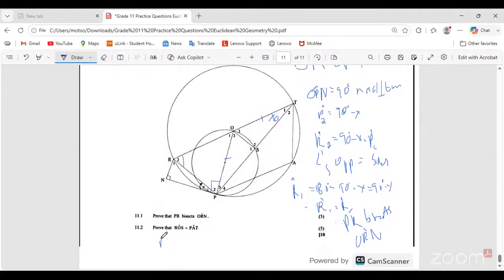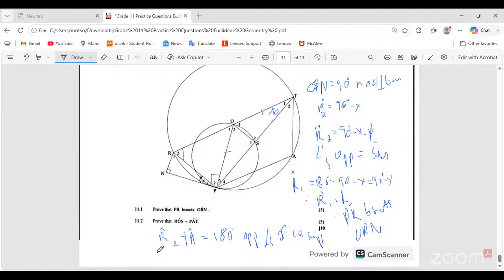So we said R2 plus angle A is equals to 180 degrees. Reason being, opposite angles of a cyclic quad are supplementary. What is R2? 90 degrees minus X plus A is equals to 180 degrees.